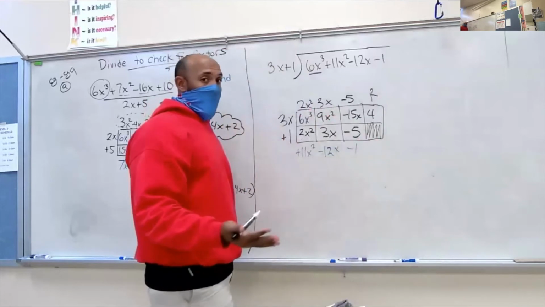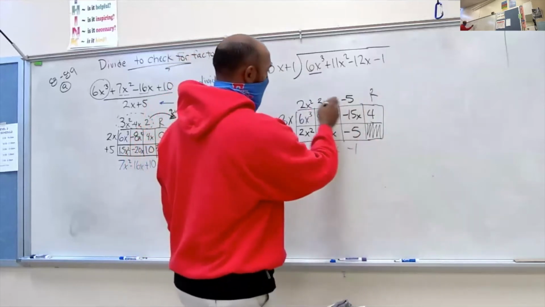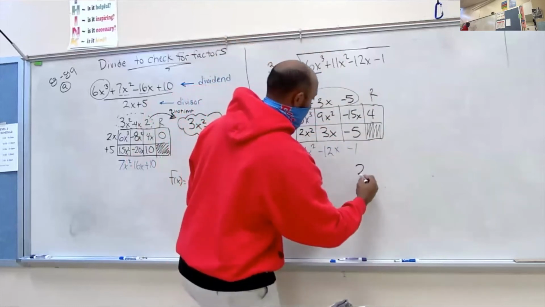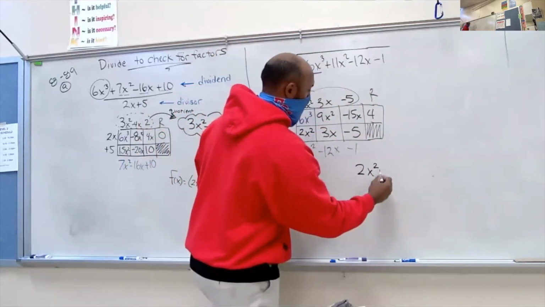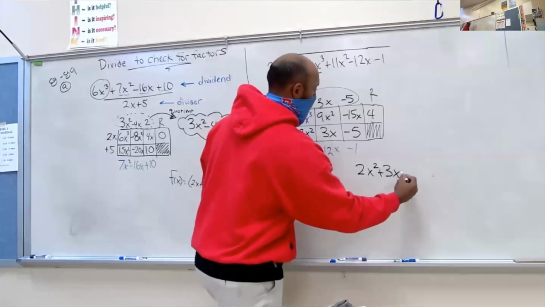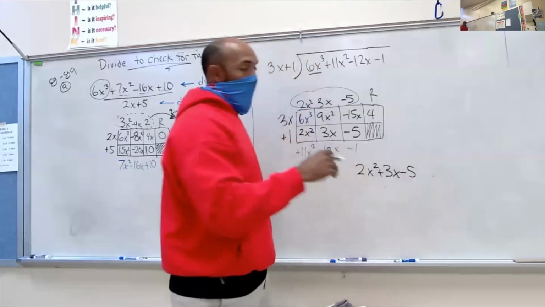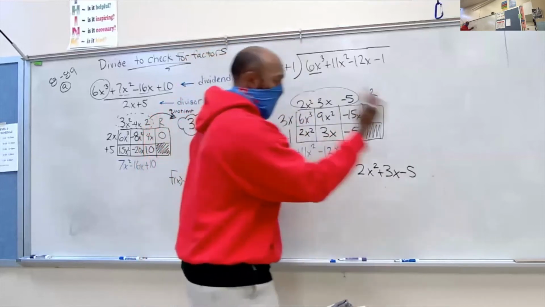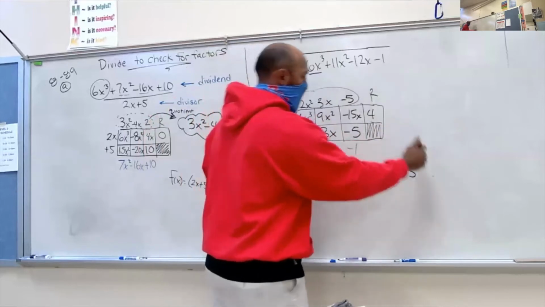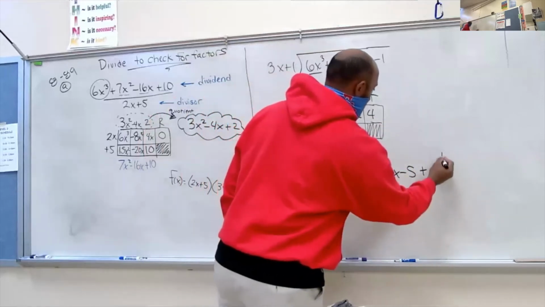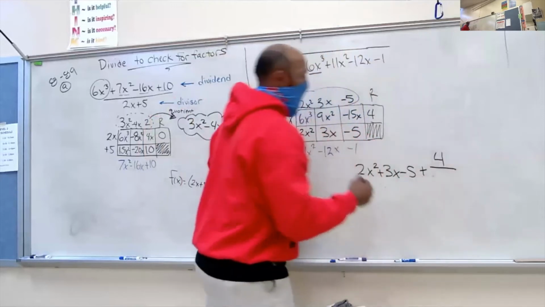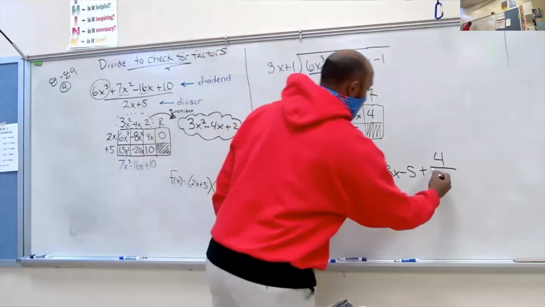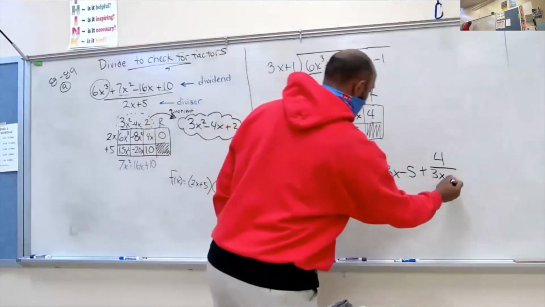So now when I write my answer out, I'm going to write it like this. I'm going to use the quotient, the part on the top, and write 2x squared plus 3x minus 5. And now I have to add the remainder to that expression. So when I do that, it's plus 4 over what you divided by, your divisor, 3x plus 1.